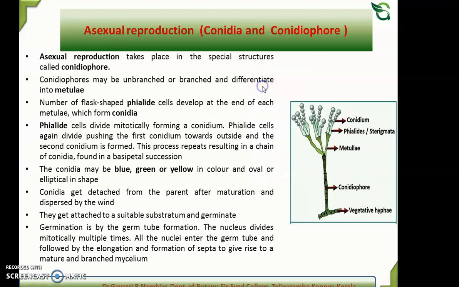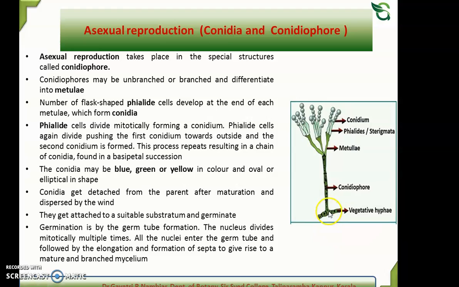Besides vegetative reproduction, they also undergo asexual reproduction, and this is by means of conidia which are borne on the conidiophore. Okay, so this is the vegetative hypha which is septate, highly branched and filamentous.